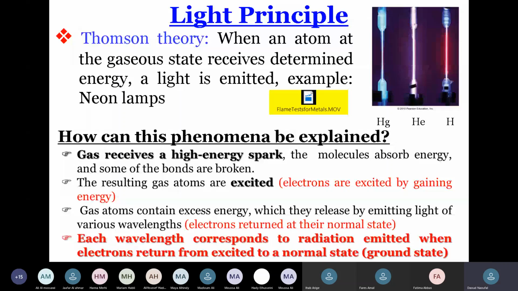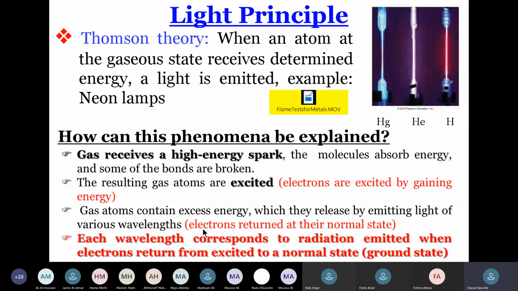So at this stage, the atom will become excited, and we know that the atom is stable, so the atom should return to its stable state. In this case, the gas atom contains excess energy, which it releases by emitting light of different wavelengths.